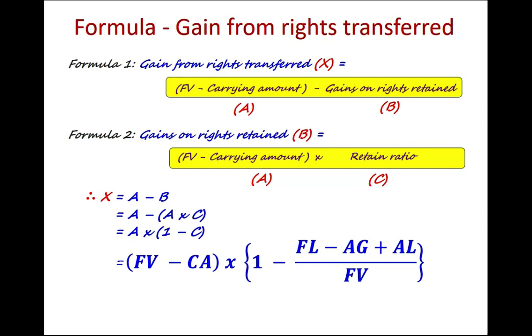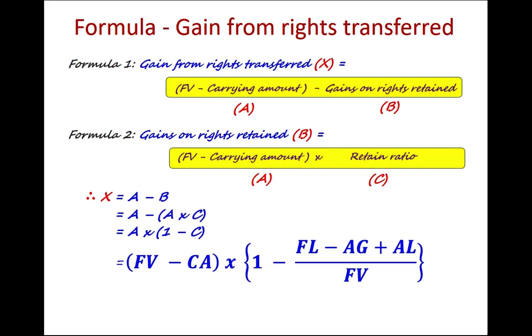Now, some of you prefer to remember this formula, and some of you just prefer to use the basic concept, i.e. follow formula 2 first and work it out and then deduct from the total gain. Both are fine.